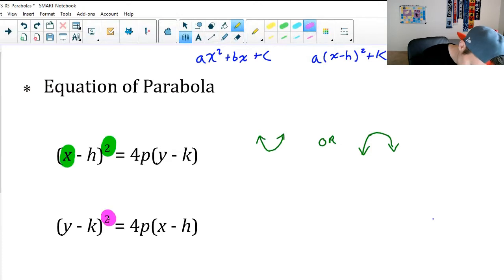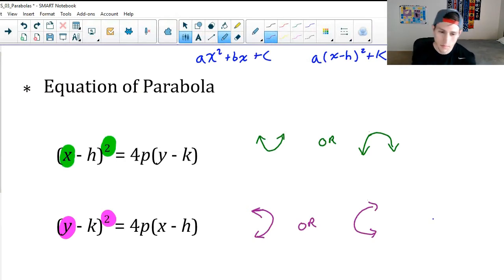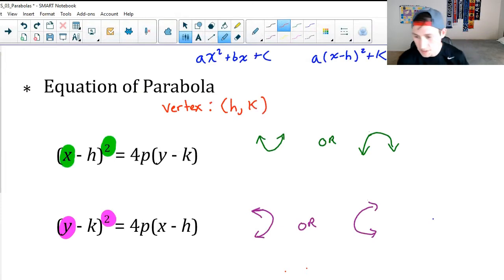If my squared is around the y variable, then this is a parabola that will either be facing left or right. However, for both of these, the same rule for the vertex applies. Our vertex is (h, k). So we can just look at the x minus h and the y minus k, and that'll immediately tell us where the vertex is.